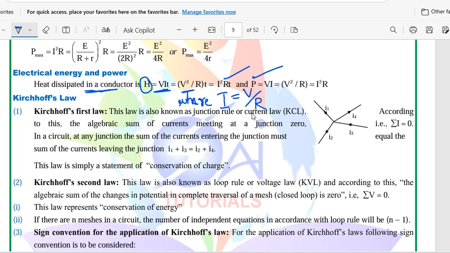Since I is V by R, it becomes V square by R, and finally we get I square into R.